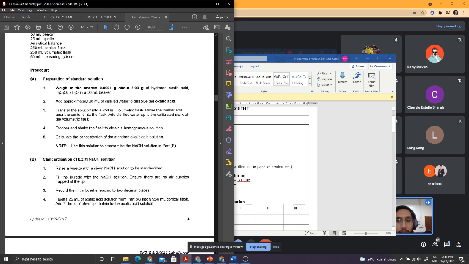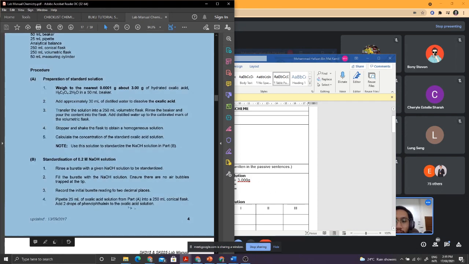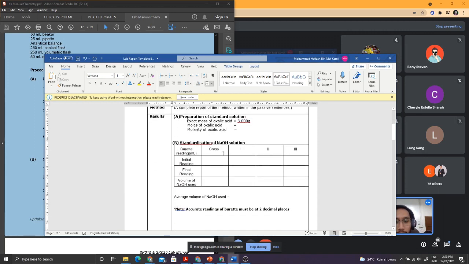For part B, you have standardization of 0.2 NaOH. We use a 250 ml conical flask, which means our volume of oxalic acid is 250 ml. Now that you know the volume and the moles, you can find the molarity.